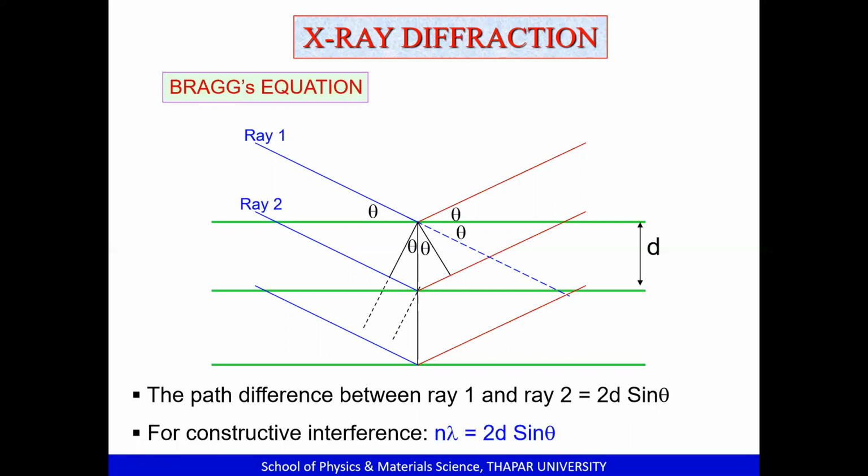Now, if the wavelength of your incoming radiation falling on the solid is the same as the interplanar spacing. In the last couple of numerical problems, you have seen our interplanar spacing is of the order of angstrom. So if you have a radiation whose wavelength is also equal to a few angstroms, then it can produce diffraction.